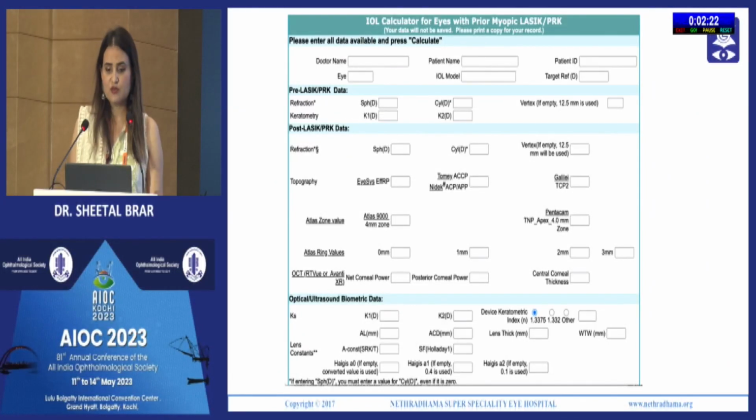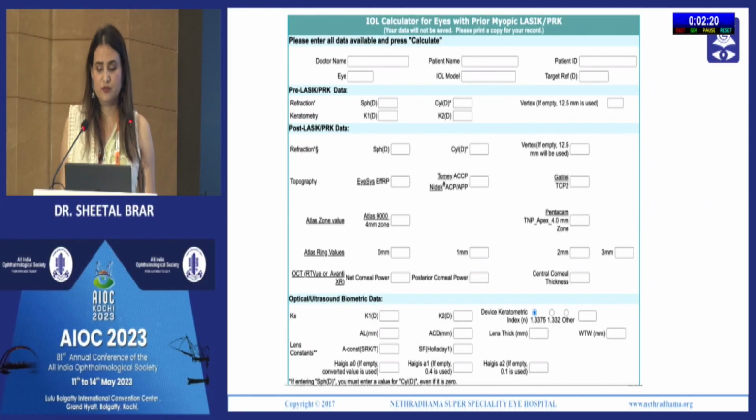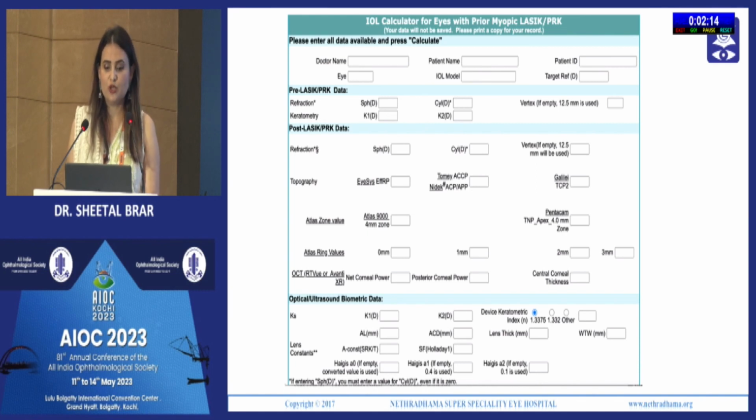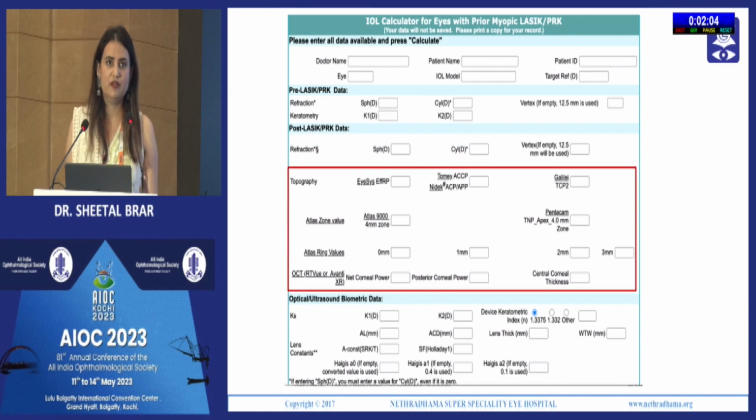The ASCRS website is one of the most commonly used and very popular, wherein you can use this IOL calculator for eyes with prior myopic LASIK or PRK. You can enter whatever data is available with you, even if you do not have any pre-refractive surgery data.